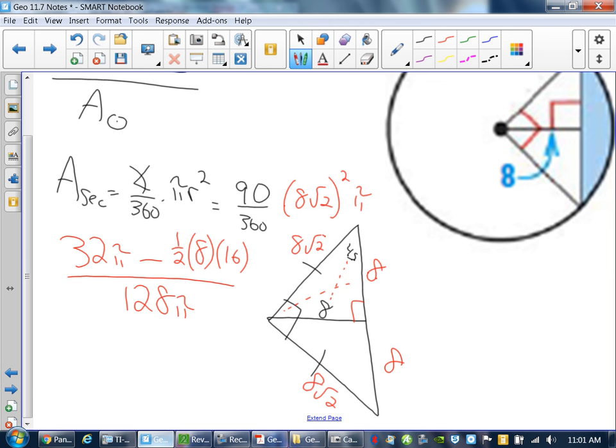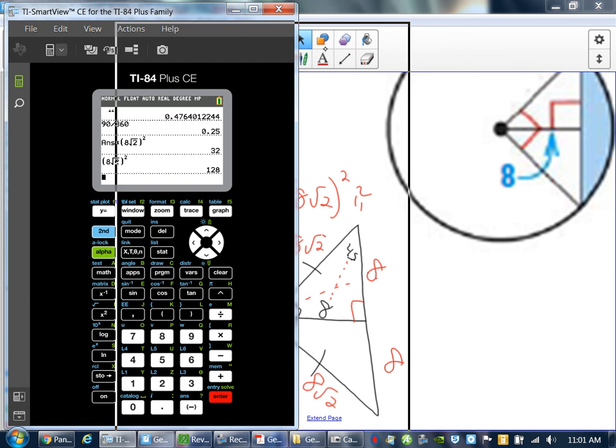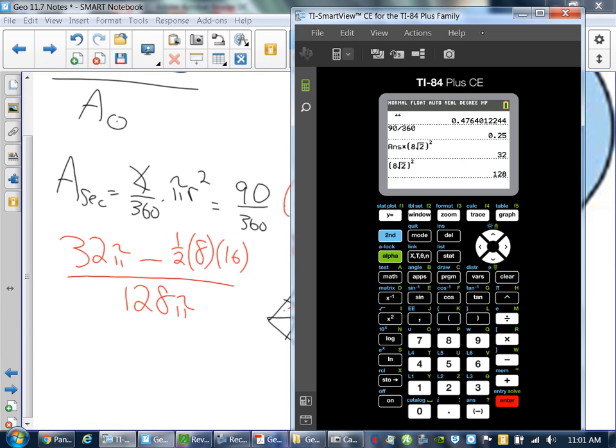64. So my whole area, the probability of that shaded region then, fraction bar, and you're just finding these separate areas and writing them down. 32 pi, subtract 64, that was 8 by 8, over 128 pi.